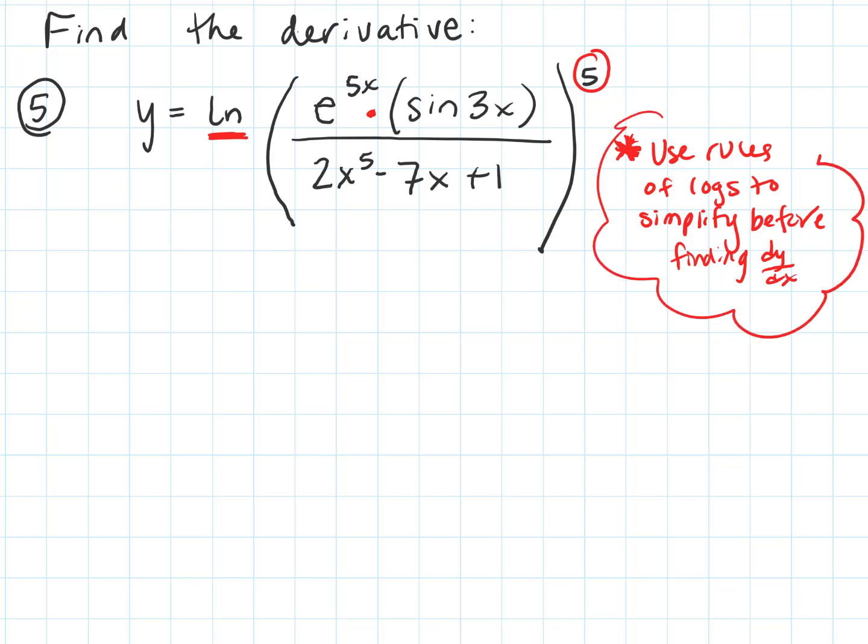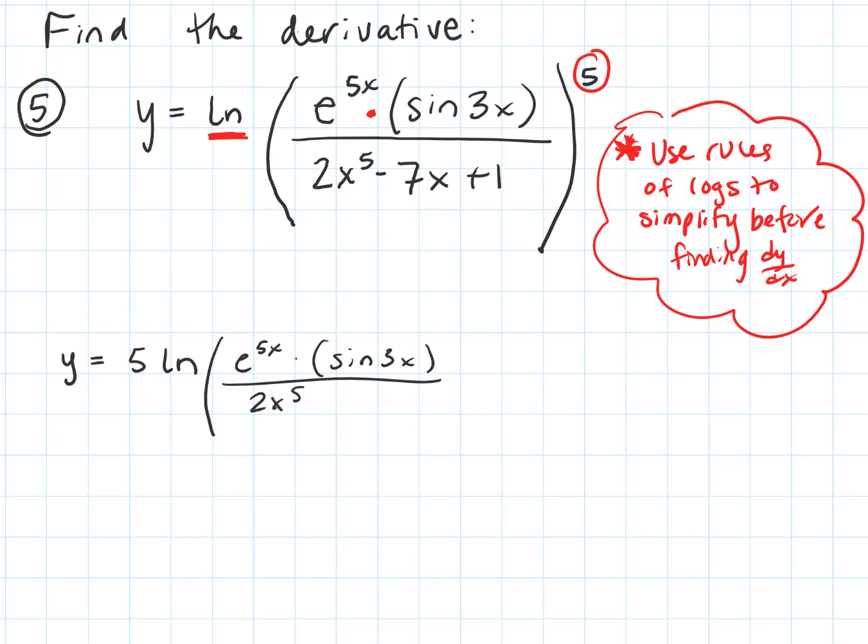I look at this and I think, oh my goodness, thank goodness there is a logarithm because I can simplify. So first thing, I see that 5, so I'm going to bring the 5 down in front, and then I've got the natural log of e to the 5x times the sine of 3x all over 2x to the 5th minus 7x plus 1.